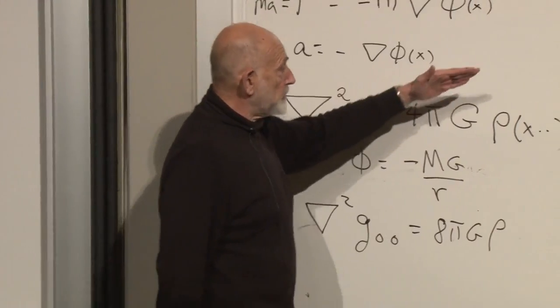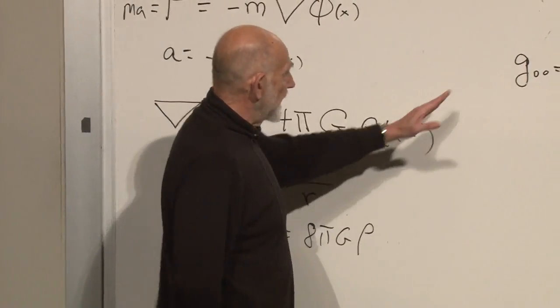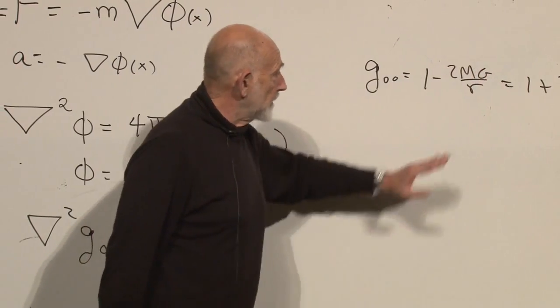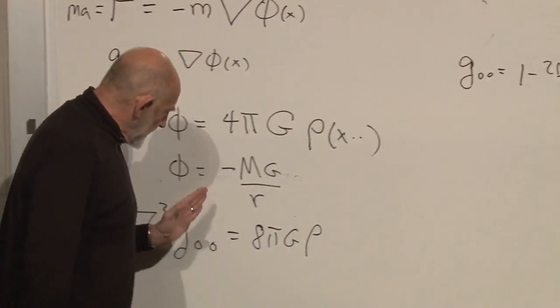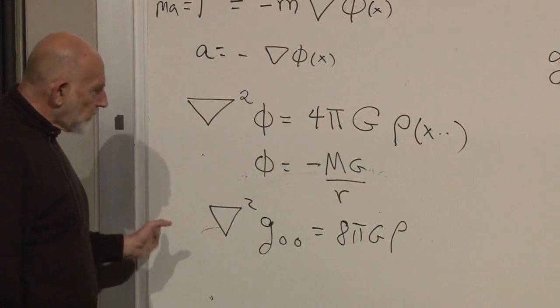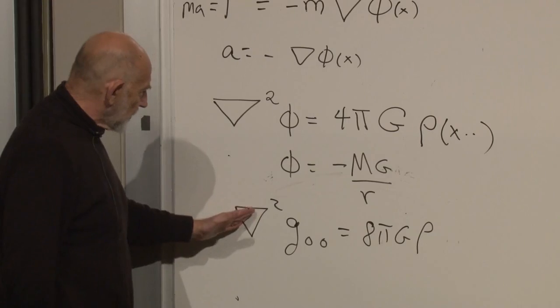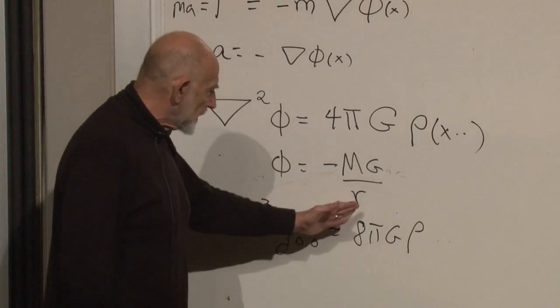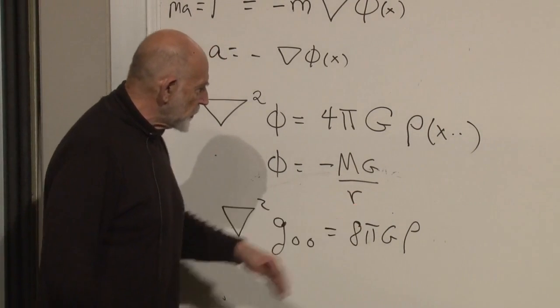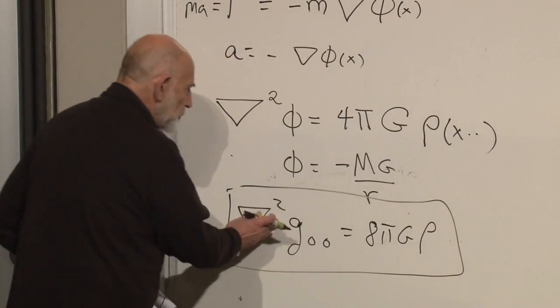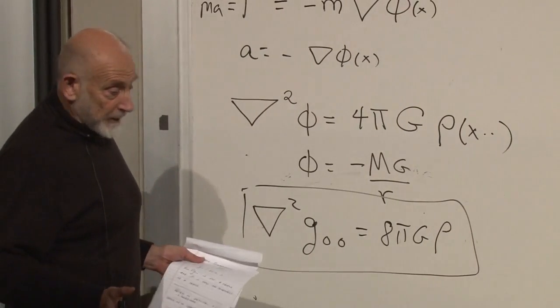When we make this correspondence between Newton's phi and Einstein's or Schwarzschild's metric, we see that roughly it looks like, I use the word roughly because we're going to be more precise, but it has the rough texture of del squared of g0 naught is equal to 8 pi G rho, matter telling geometry how to curve, so to speak.